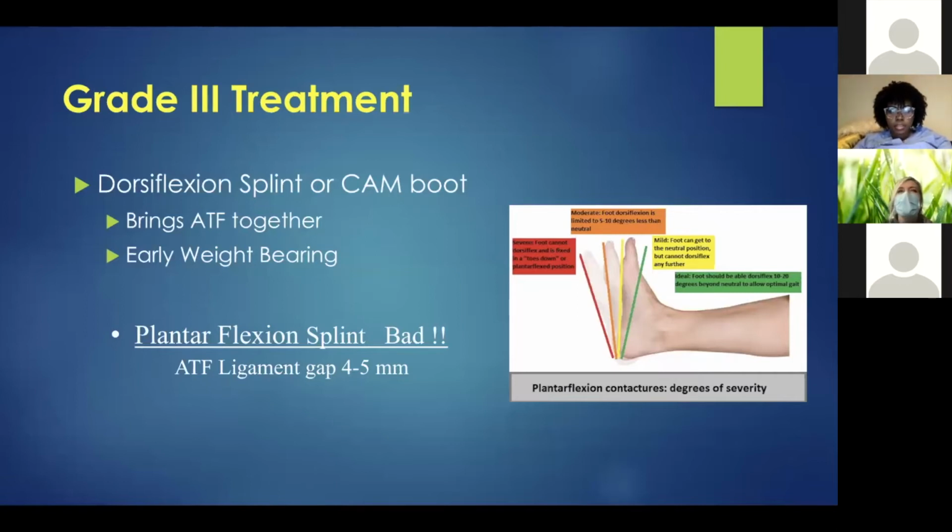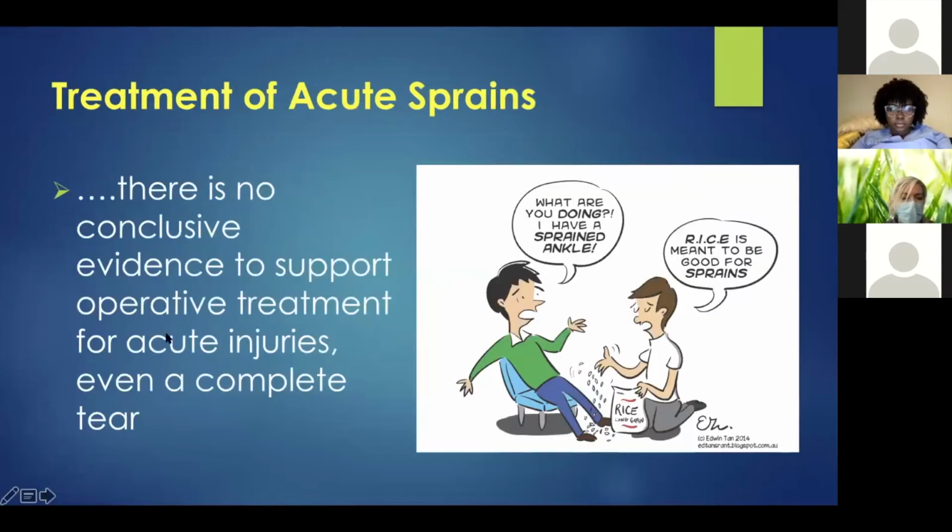So we still, even with a tear, give them the benefit of the doubt, trying to get this to heal without surgery, because a majority of people after even a bad ankle sprain don't need surgery. They just need longer to recover. Okay, so no conclusive evidence to support operative treatment, even for a complete tear. So this is key.